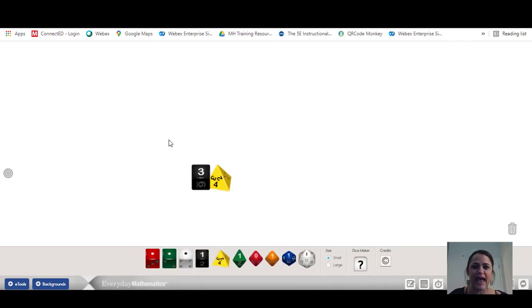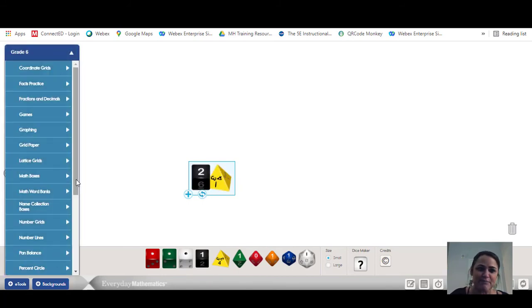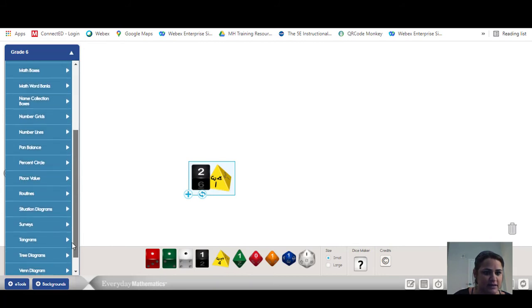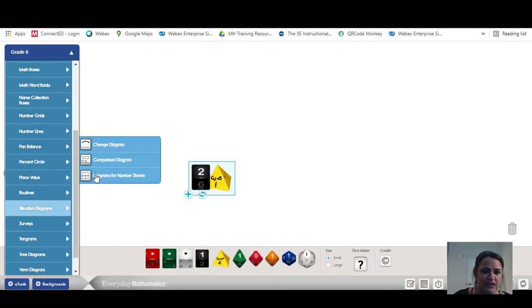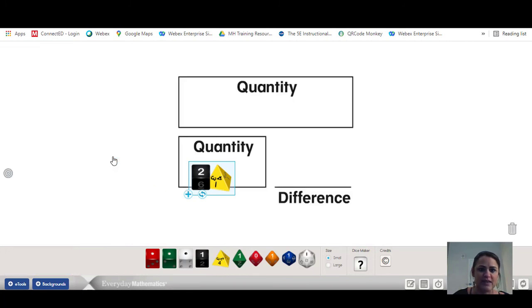You're able to pull those out and, of course, let them roll. You also have backgrounds for think mats and consolidation tools that allow kids to represent their thinking using some of these, like student diagrams, for example. Pull these out. You can model those whole group.